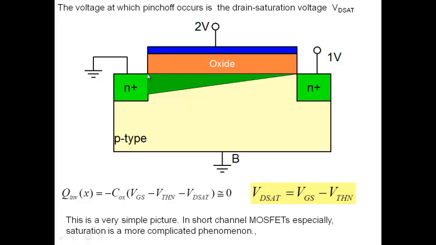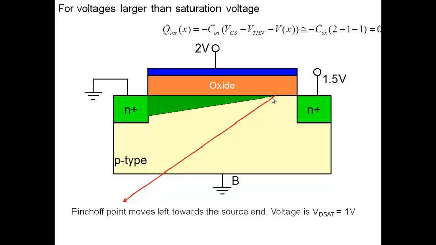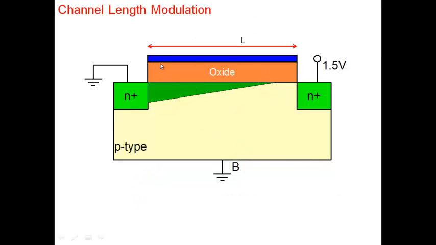Here, as you go from here to the pinch off point, what is the total separation? The channel length. And now, as you go from here to the pinch off point, what is the separation? If this is what you call the channel length, then now this region is called L dash. Right? Effective channel length. Effective region over which I have inversion charge here.